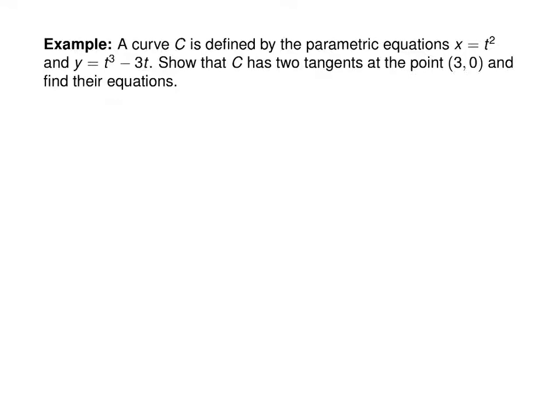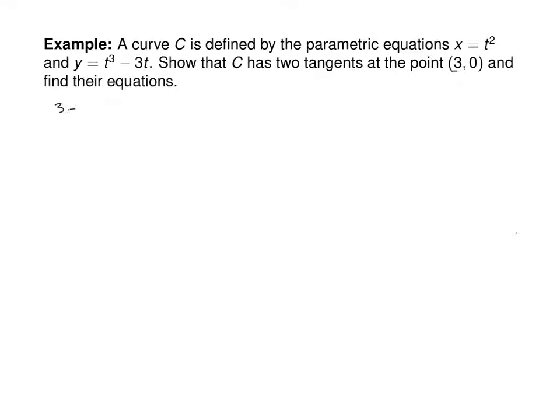So here we have a curve C that's defined by the parametric equations x equals t squared and y equals t cubed minus 3t. We are going to show that C actually has two tangent lines at the point (3, 0), and we're going to find their equations. One way to find that there must be two tangent lines at this point is to observe that 3 is the x value.